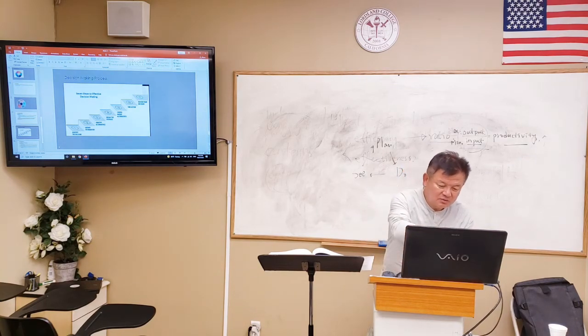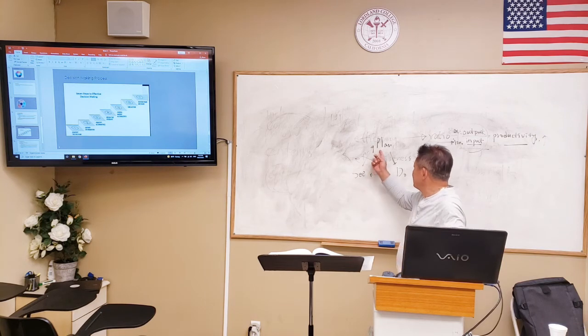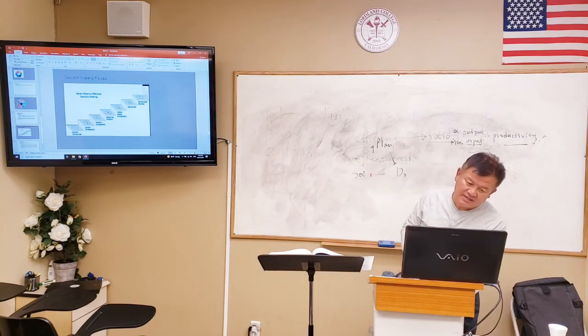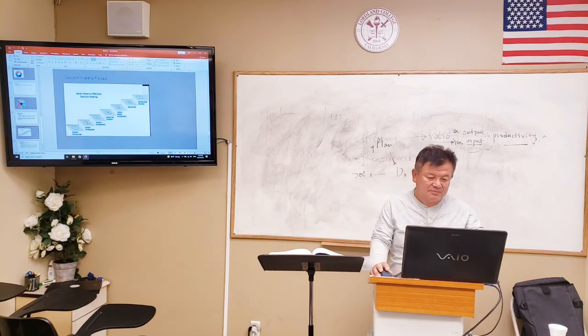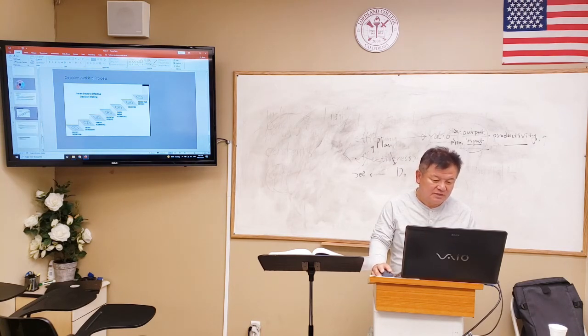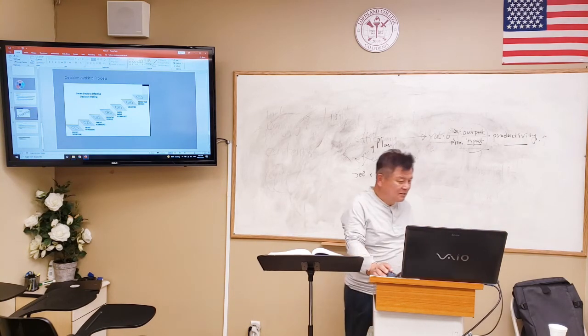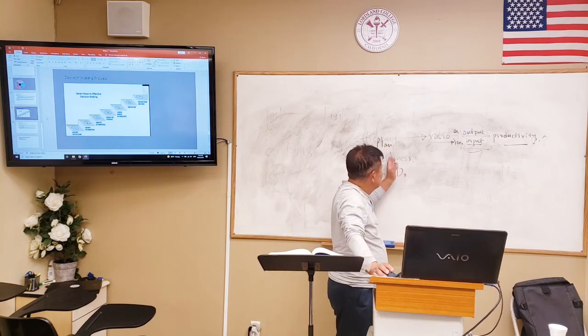And then going back to plan again. Okay, this is the decision making process, explaining 7 steps. Some books have 5 steps, some books have 3 steps. Simply progressing plan.